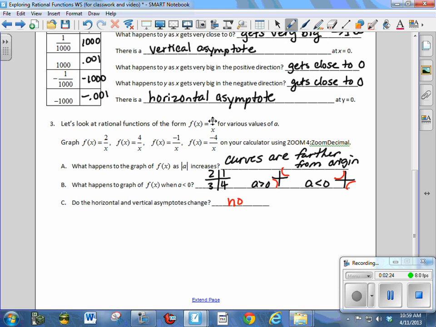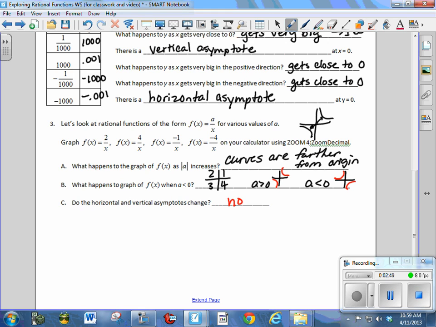So the first thing is we're going to change the 1 in the numerator to another number: 2, 4, -1, -4. So what happens first of all as a gets bigger, either positive or negative? You notice that the distinctive curves are farther now from the origin than they used to be.